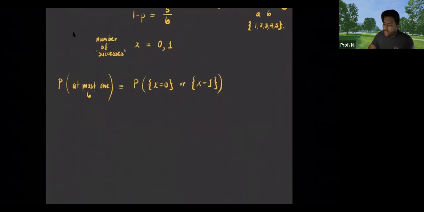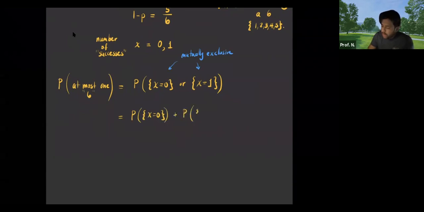So these are mutually exclusive, which means I can add them separately. The probability that x equals 0 plus the probability that x equals 1.